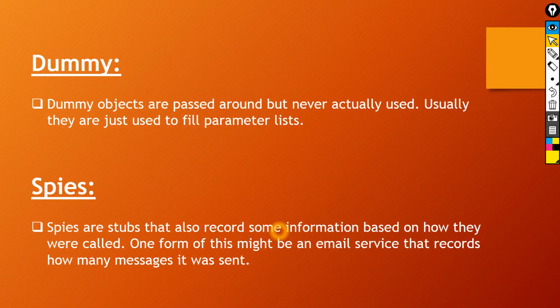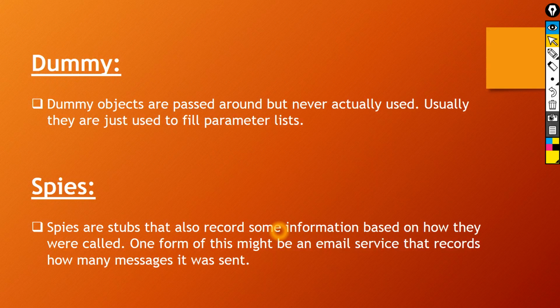So basically a dummy is nothing. You can create your own class with some parameter, and you just pass it from one method to another method. Dummy means dummy.